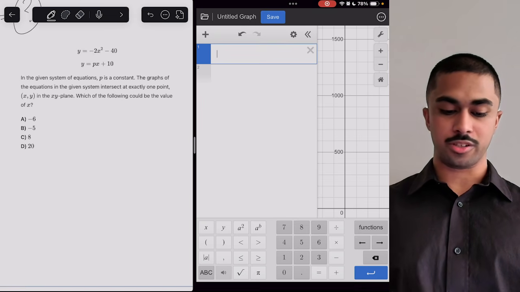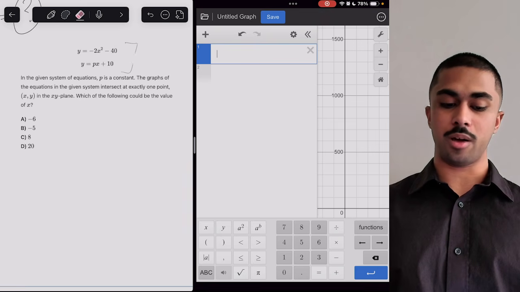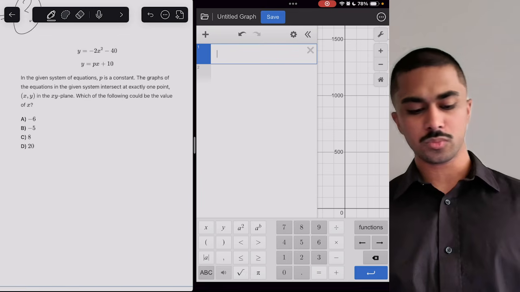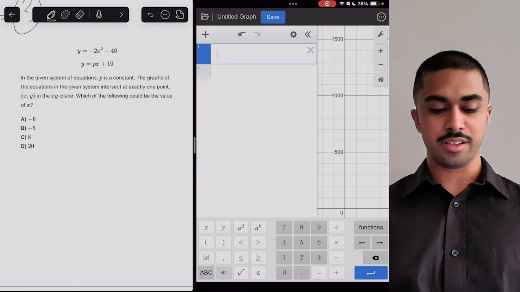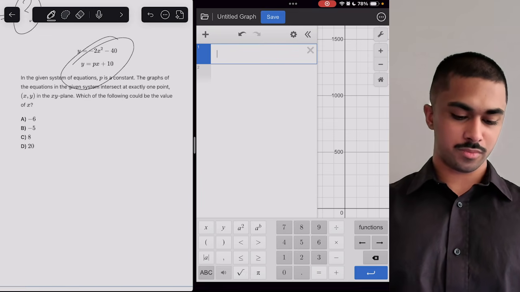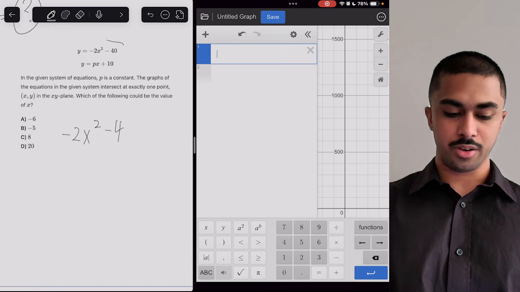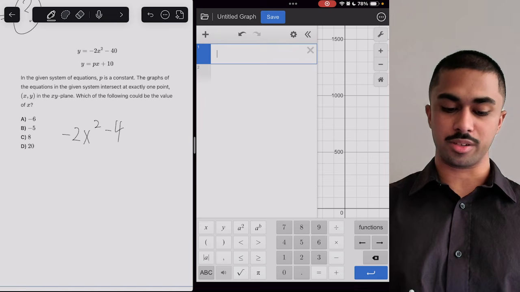How do we know if it's discriminant or slopes? We check if there's a parabola. If there's even one parabola, then it has to be discriminant. In this case, it's going to be discriminant because when we set the two equal to each other, there is a definite parabola here because it's x squared and not just x to the power 1.